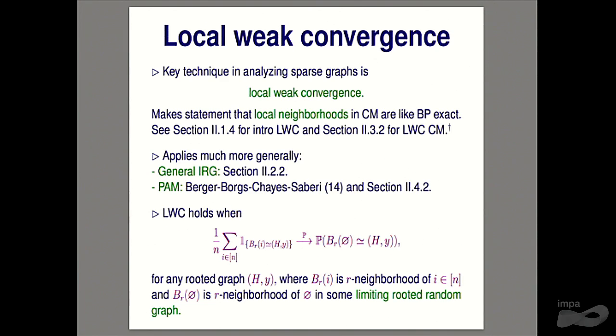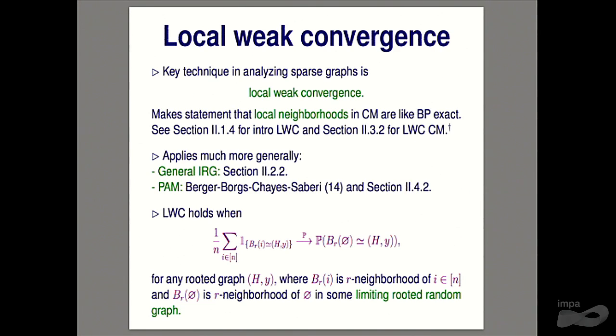So first of all, what is local weak convergence? Well, we take the perspective of a random node. Okay? So that actually boils down to, if you take the expectation with respect to a random node, multiplying by 1 over n, which is the probability of taking any of these nodes, and then looking at the neighborhood of width r, of size r, around the chosen vertex, which is here denoted by I. Okay?